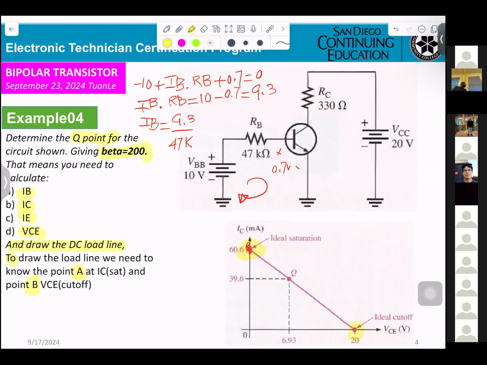You know that will be VCC. I believe VCE right here will be 20 volts. That's B, and that will be A. Point A at IC saturate. That's what they want you to draw the line.